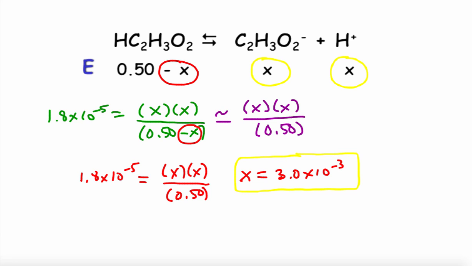So once you've found your value for x, you can plug that into our expression for finding pH. pH is the negative log base 10 of the hydrogen ion concentration, which happens to be 3 times 10 to the minus third. And you can try that on your calculator and see what number you'll get. And you'll notice that it's quite a different number, quite higher than if you were to just take the negative log base 10 of the acid concentration.